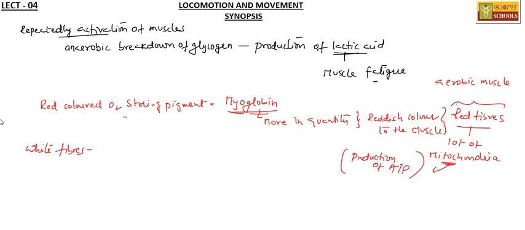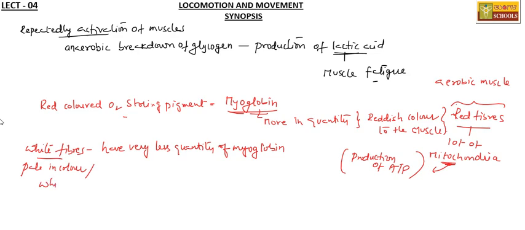These white fibers have a very less quantity of myoglobin, and because of that, they appear pale in color, or whitish in color.